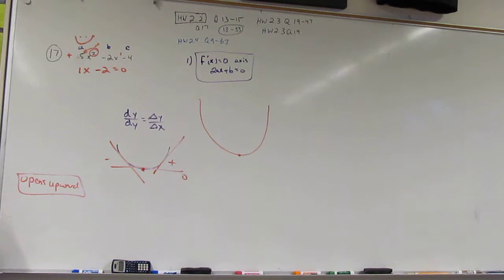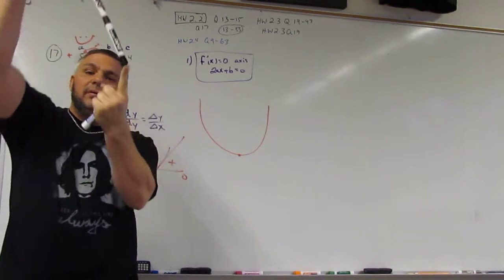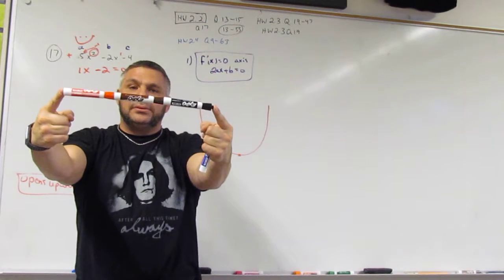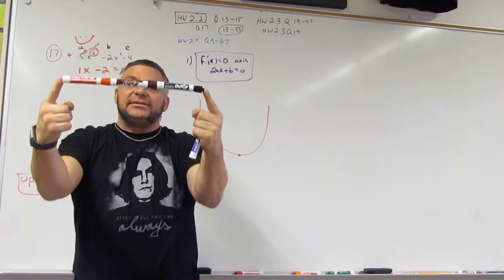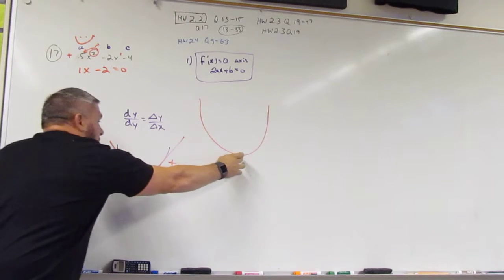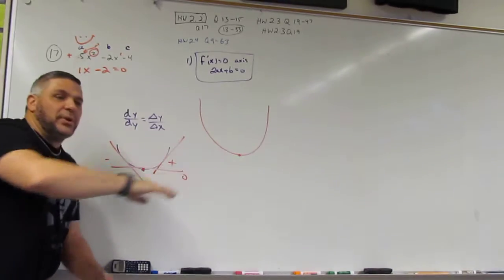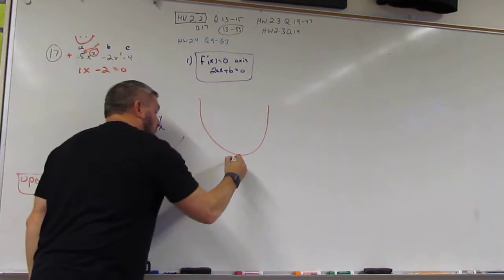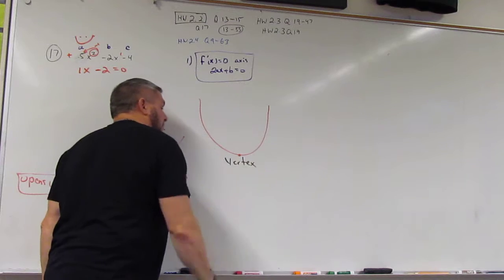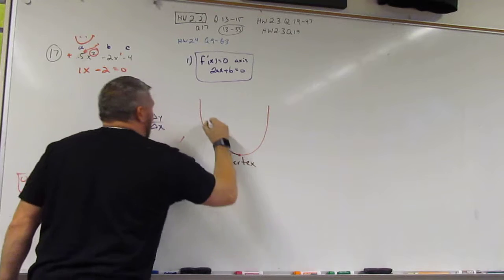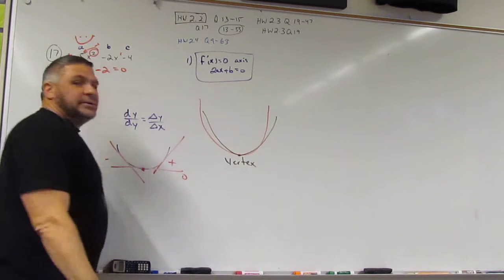That's why we're setting the derivative equal to 0, as it's coming down and going back up. So right here, that's the 0 slope. At the 0 slope, you're at the lowest point on the graph. That lowest point on the graph is what we call the vertex. The vertex is that lowest point where everything on this side is symmetrical to everything on that side.